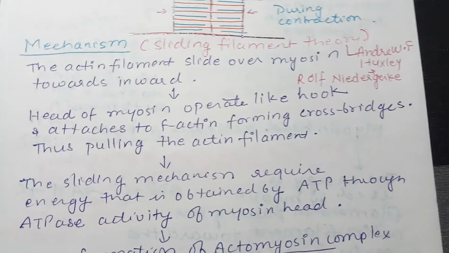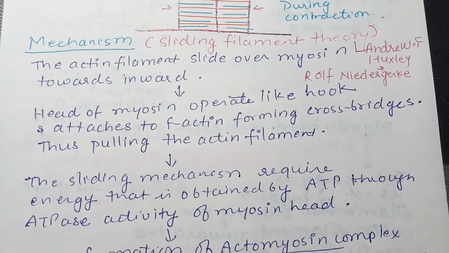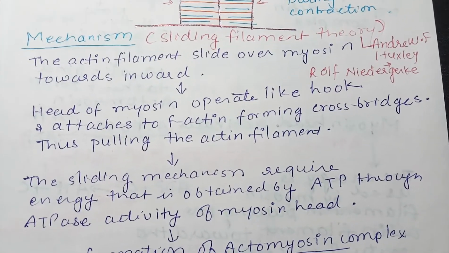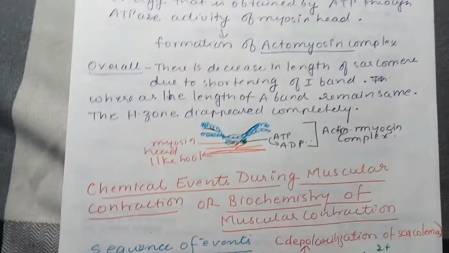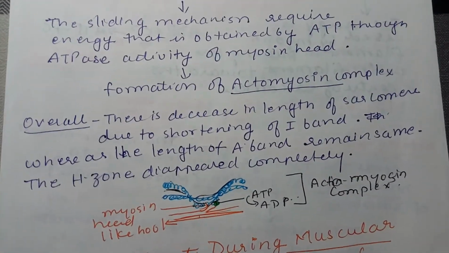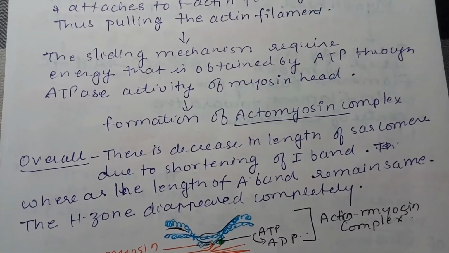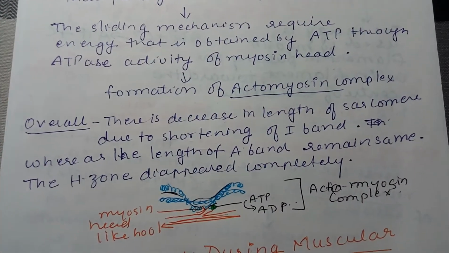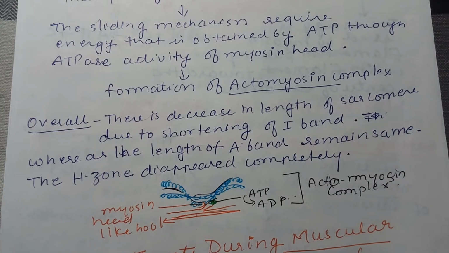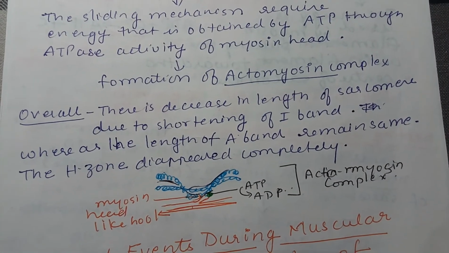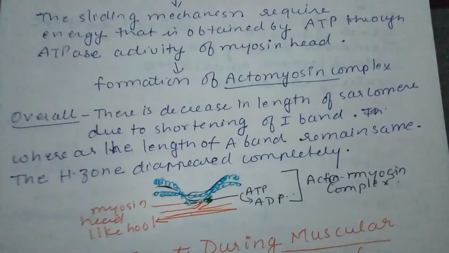ATP is broken down, and the head of the myosin acts like a hook which slides on the actin filament. So overall there is a decrease in the length of the sarcomere due to shortening of the I band, while the length of the A band remains the same.